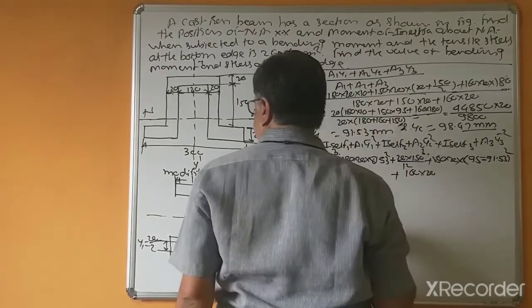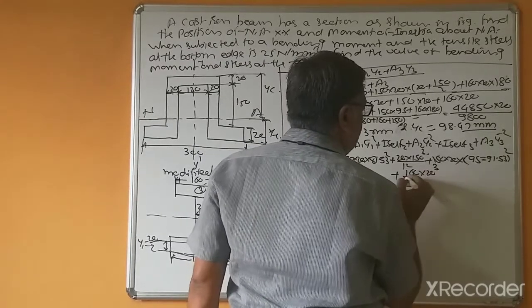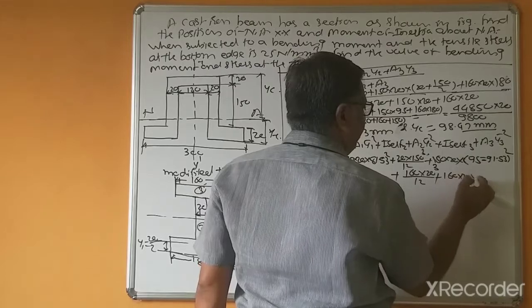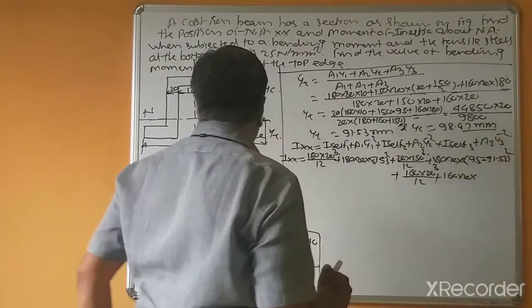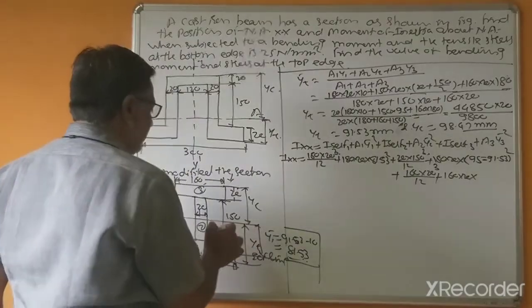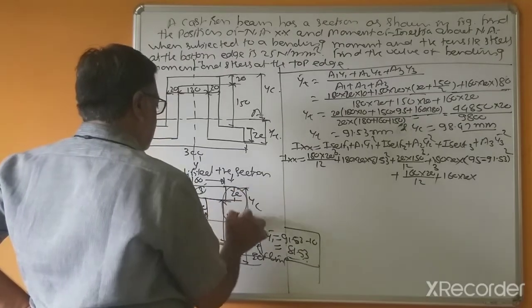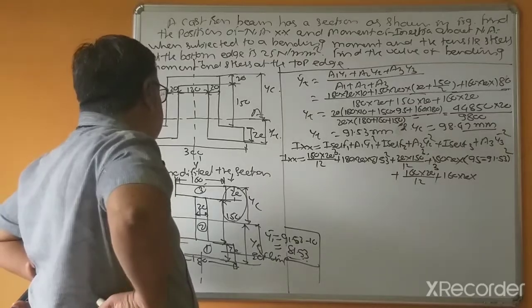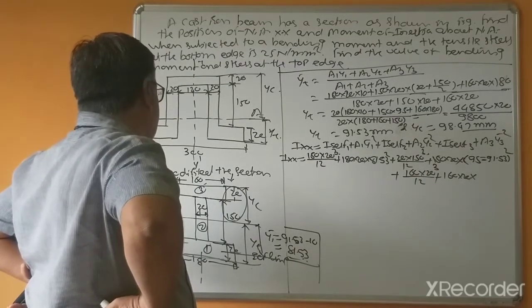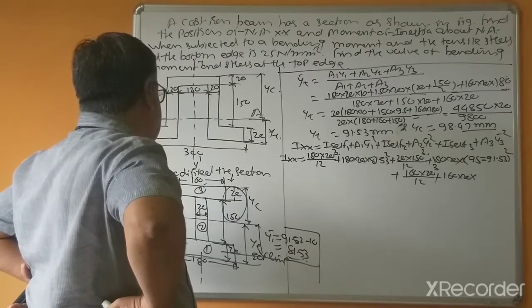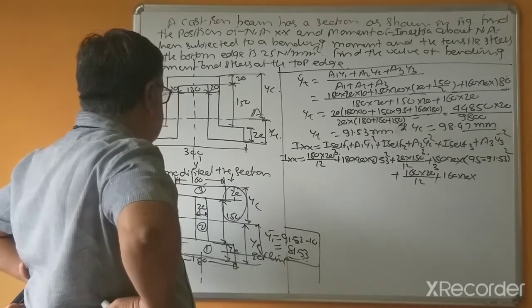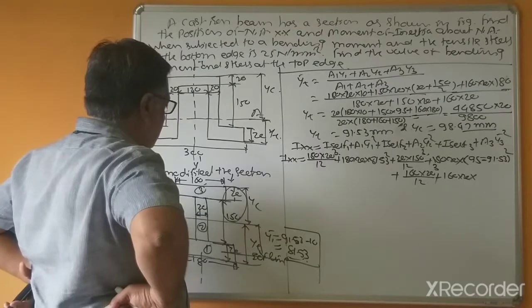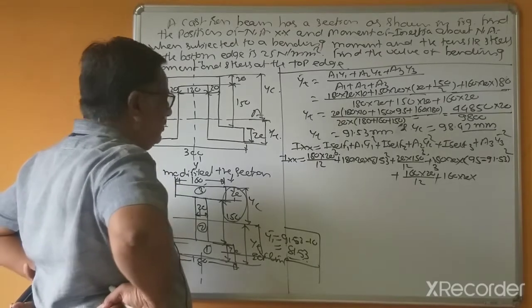Plus 160 into 20 cube divided by 12 plus, now the centroidal distance. This is total 170, this is 95, or YC equal to how much?